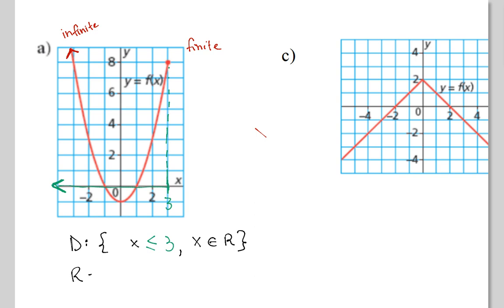Range. Okay, how are we going to do this for the range? Let me color in blue. What's the lowest y value this thing could take on? The graph dips all the way down here. And then, good, -1, good. Now, is the rest of the graph above or below -1?